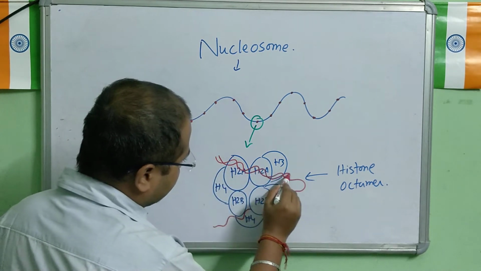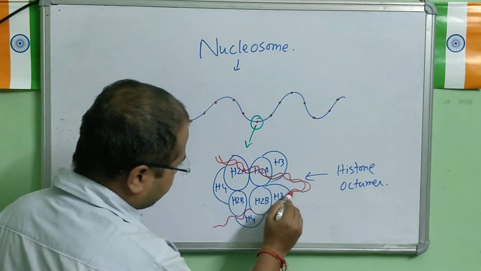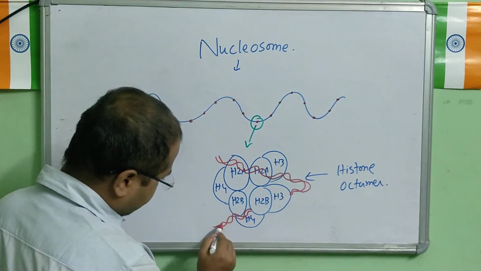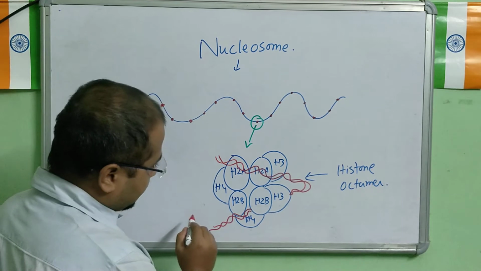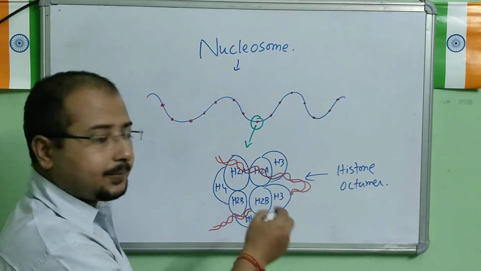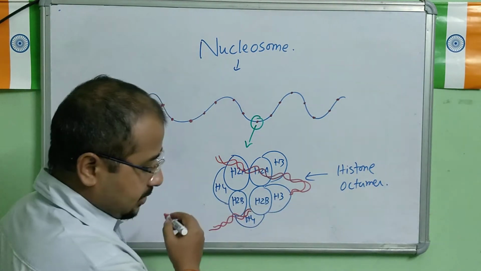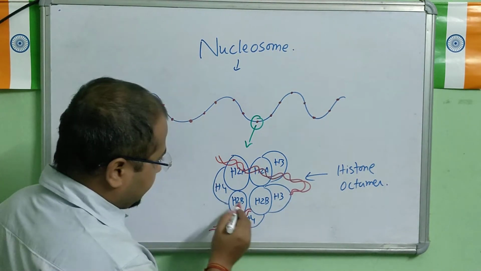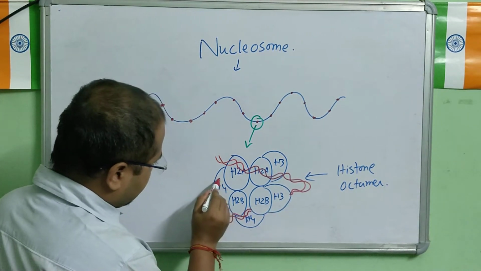We know that the DNA is a double helical structure. So the DNA wraps around it like this.